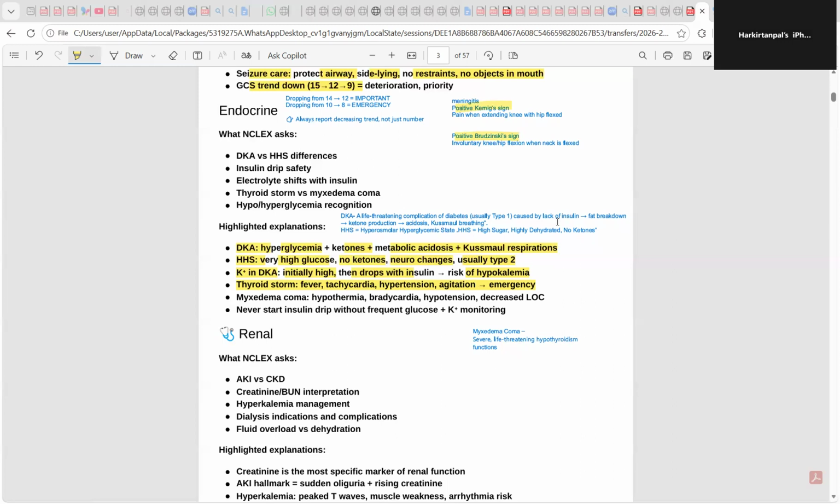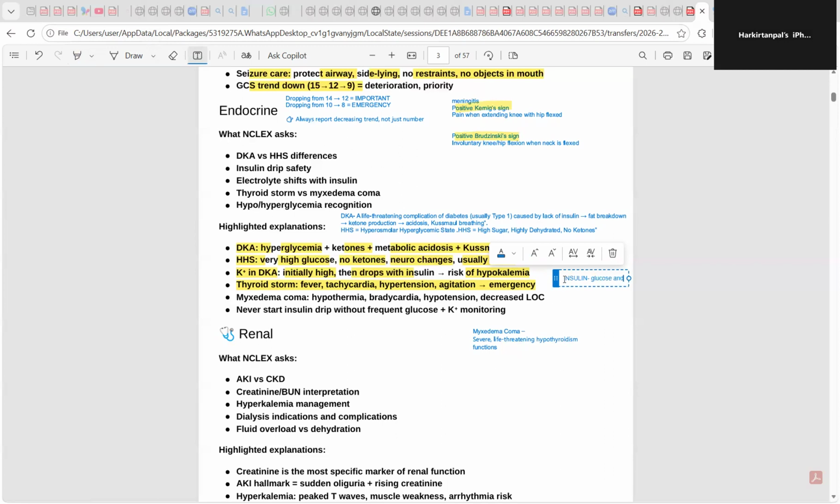Those are the important points. The question can be very confusing, but if we have a thorough understanding of the theory, it will be useful. Insulin has a role on the glucose as well as the potassium.